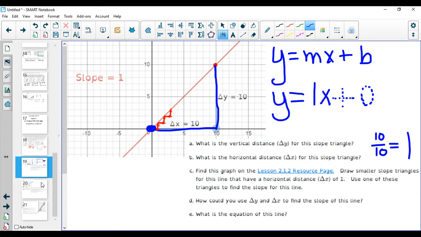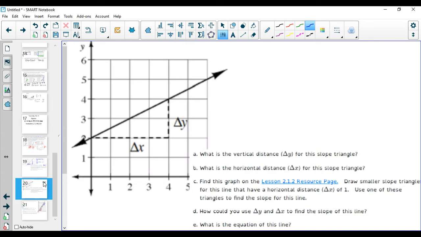Moving on to number 16. What is the vertical distance for this triangle? So the vertical distance goes from 2 up till 4. So we have a change in y of 2. The horizontal distance starts at 0, goes over to 4. So we have a horizontal change of 4.